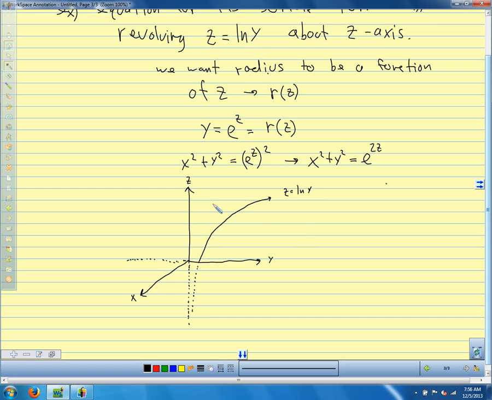And we're going to revolve this about the z-axis. So if I revolve, this curve is going to go in a circle, like so. Over here on the other side, I would get the same curve in this plane. So we get this kind of infinite funnel shape.